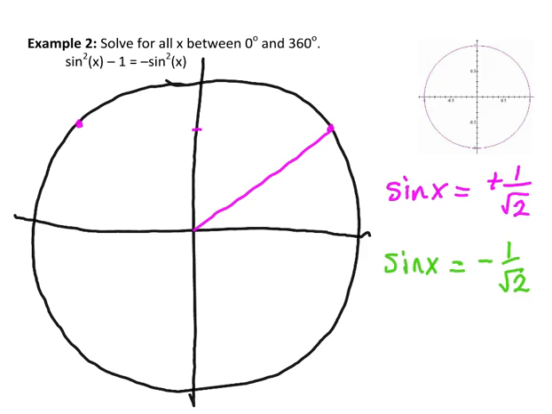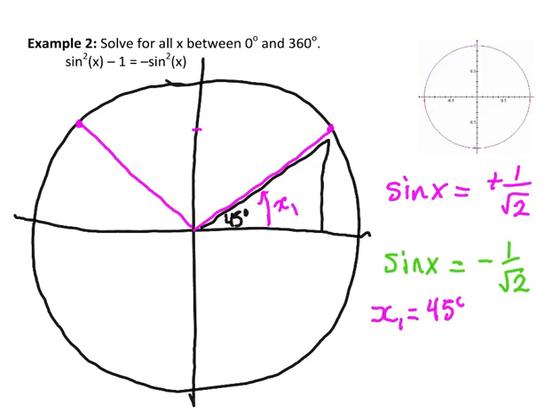So when I draw those two angles, right in here, this triangle right there is a 45-degree triangle. So that actually gives me my first angle right away. The x1 value here is going to be the angle to that first line, which is just 45 degrees. So I'll get x1 is 45 degrees.